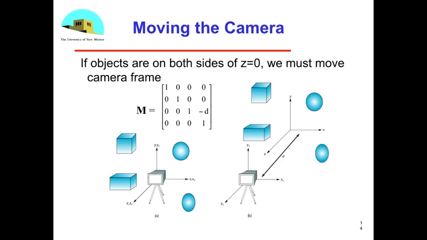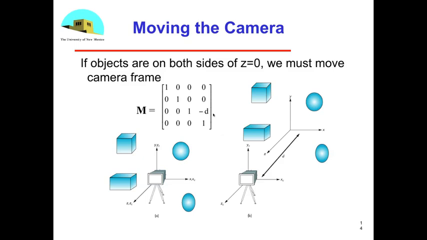Okay, let's back up. We had a little glitch there. So if we multiply this out, you multiply by x, y, z, w. The x is unchanged. The y is unchanged. What happens to the z values? The z becomes x times 0, y times 0, z times 1, minus d times the w. Now, if this was a point, the w component would be 1.